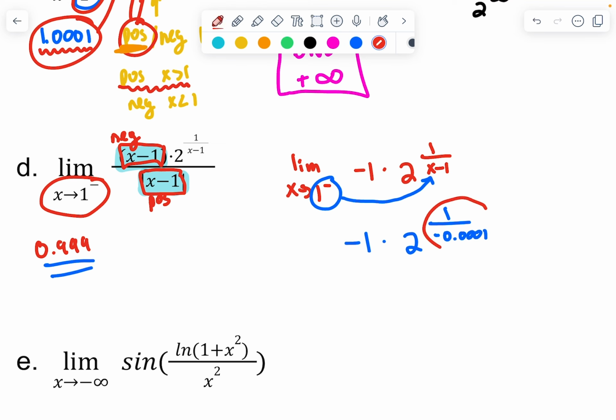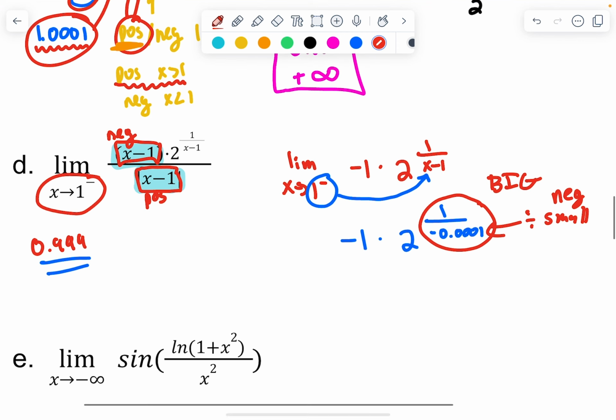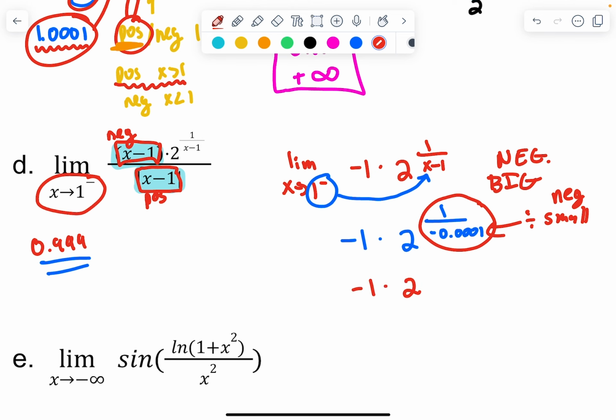We have 1 divided by small, and it's going to get really, really big. But it's divided by a negative small, and so it's going to get really, really big negative. And so we're getting negative 1 times 2 to really, really big values that are negative.